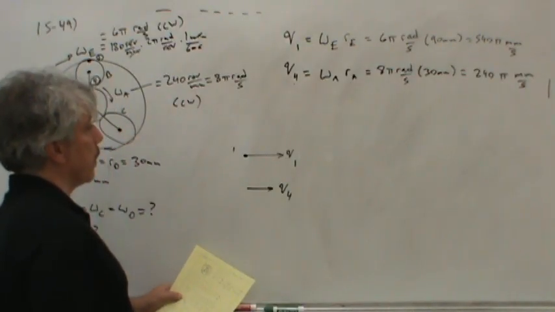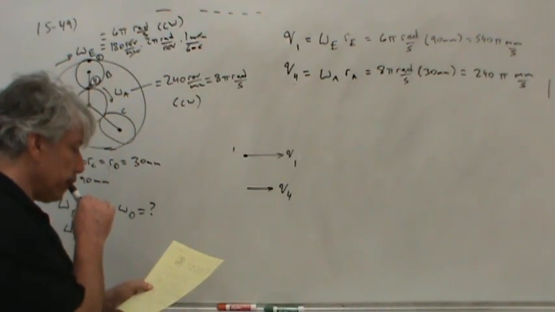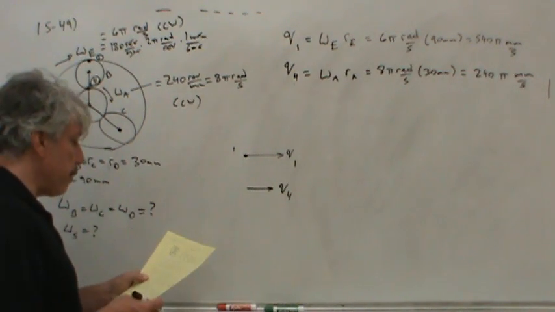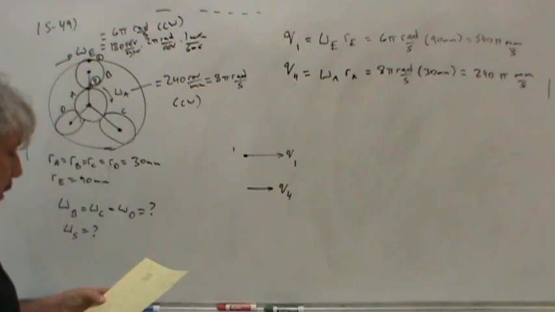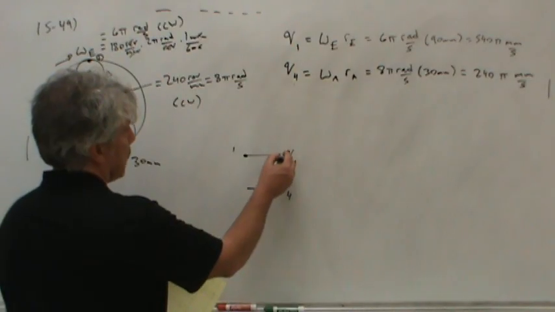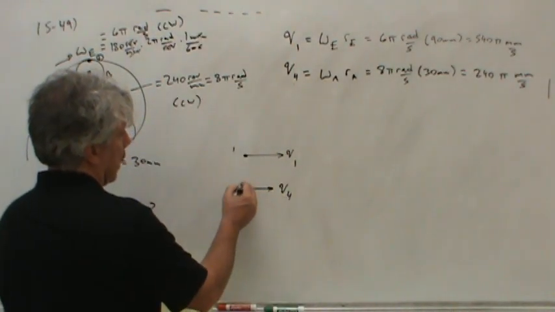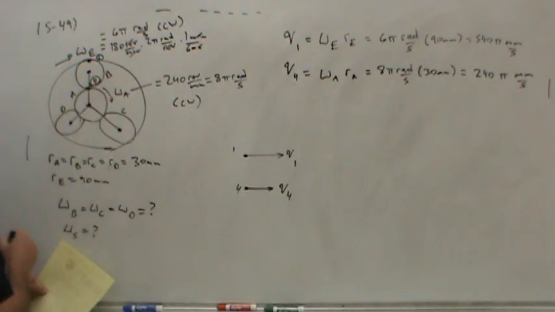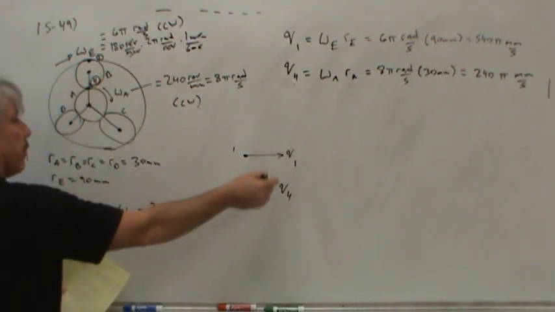Well, what would that do for us? Well, there must be a ground pivot somewhere, right? If you think about it, point 1 and point 4 are also points on body B that have exactly velocity V1, V4.